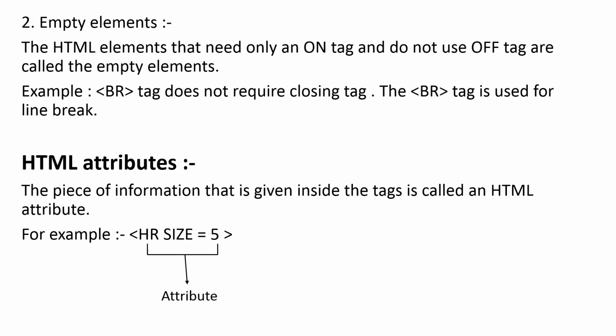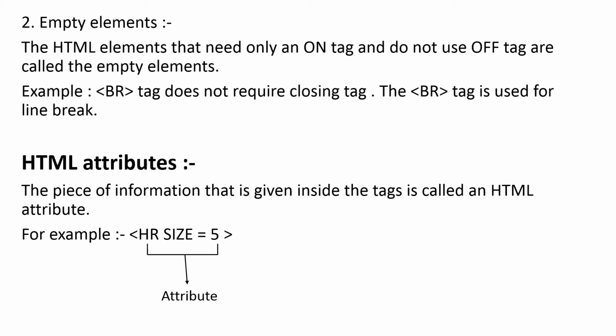Now the next component of HTML coding is HTML attributes. Okay, the piece of information that is given inside the tags is called an HTML attribute. Okay, when you want a certain size, shape, or font type of your text, for example a specific font size, at that time you can specify that inside the tag.